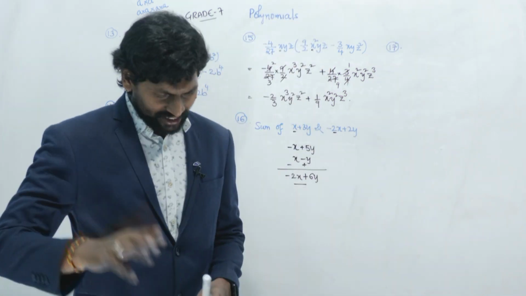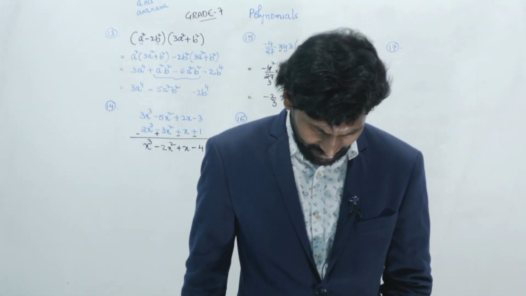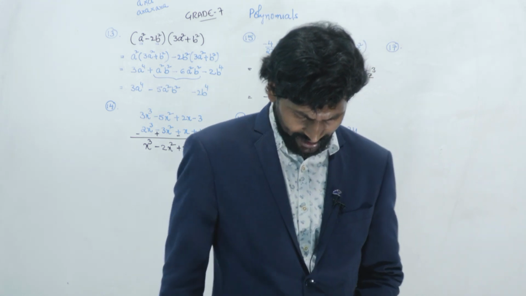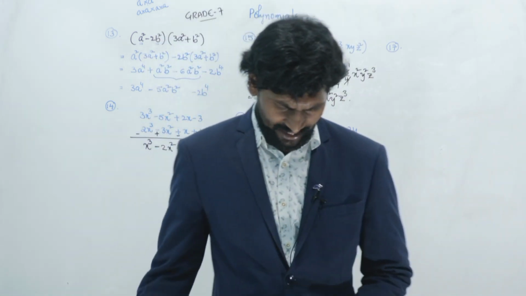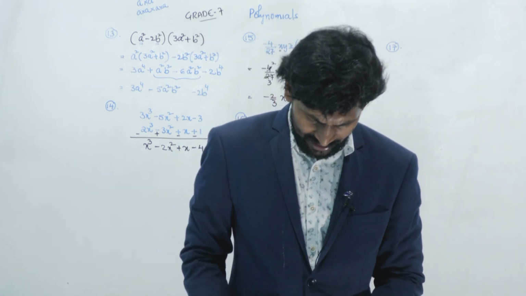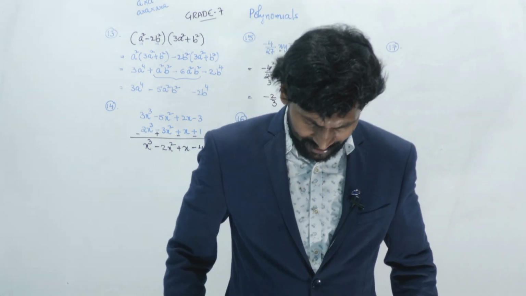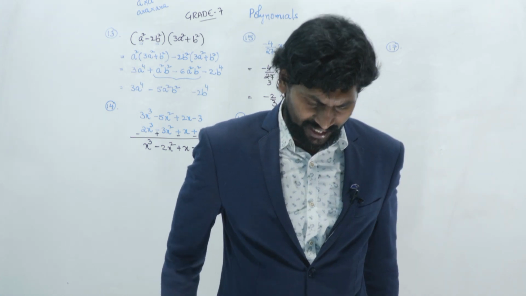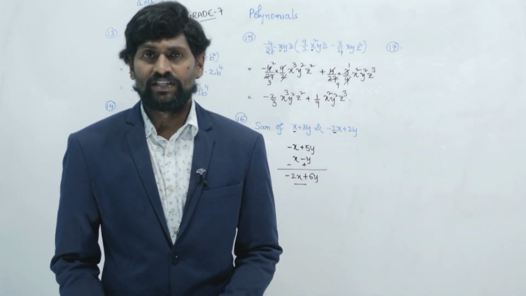The 17th question is given that the quotient when 2x power 4 minus 5x square plus 5x minus 2 is divided by x minus 1 is ax cube plus bx square minus cx plus d, then you need to find a plus b plus c plus d.